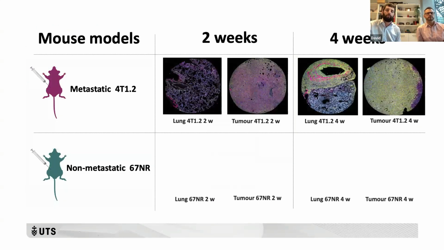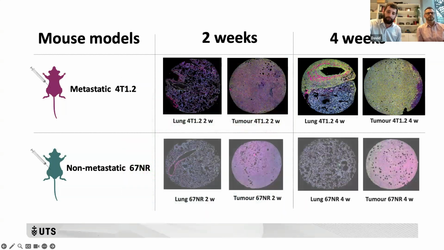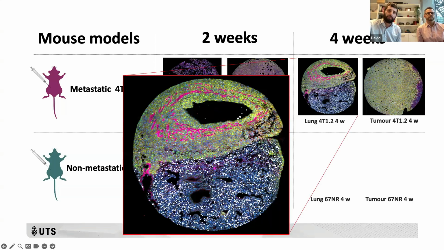Now, how did this look with disease? Well, what we found in the metastatic mice was that the neutrophils here in white are really confined to the non-cancerous regions, and they don't penetrate the cancer very well.